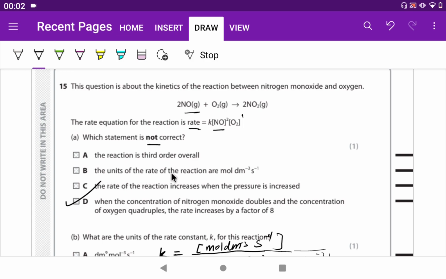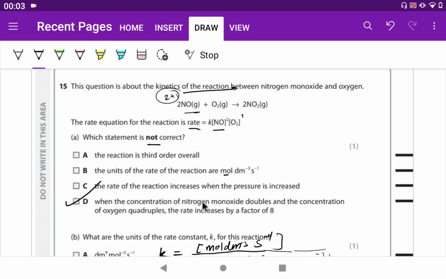The unit of the rate of reaction is mol dm⁻³ per second. The rate of reaction increases when the pressure is increased. Yes, on the left side the number of moles is higher than on the right side, so if we increase the pressure, the reaction will go from left to right. So this one is also right.